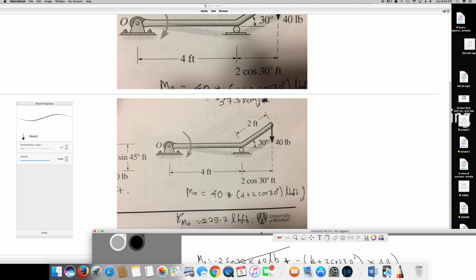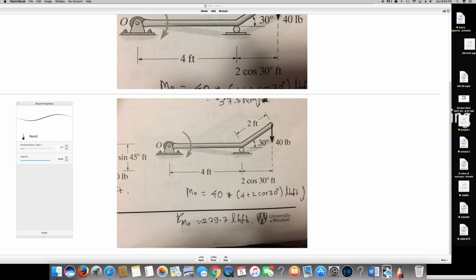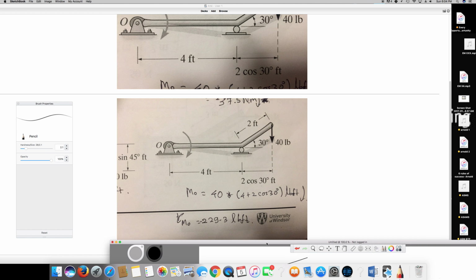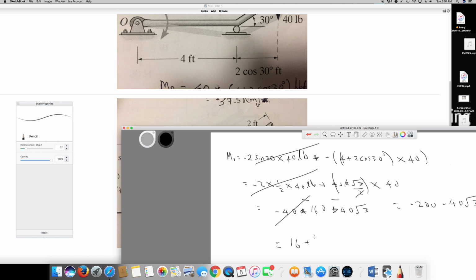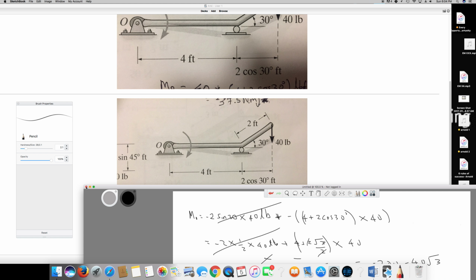Therefore, the answer should be 160 plus 40 root 3. And it should be which side? Clockwise, so it should be negative. So 160 plus 40 root 3, and everything should be minus. So this is our answer for the last one.